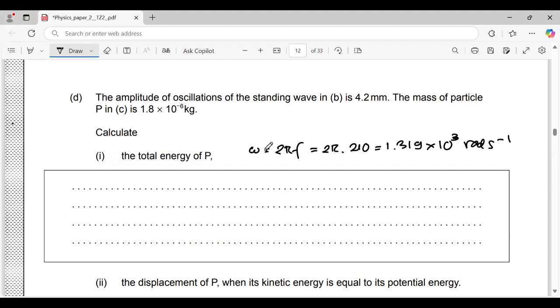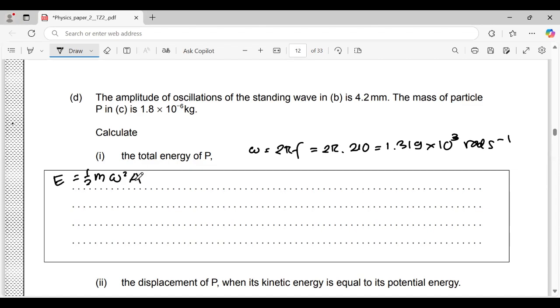For the energy of a particle in simple harmonic motion, I will use this formula: E equals half times m times omega squared times amplitude squared.